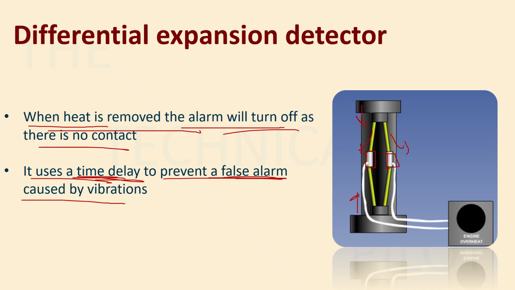Due to some vibration, if these two materials made contact even once, the light would blink, and that might confuse the pilots whether there is a fire or not. That is why there is a delay fitted in this circuit. This delay measures for how long these two contacts were made, and if it was long enough, only then will it let the pilot see the warning light. All right, so these are your differential expansion detectors.